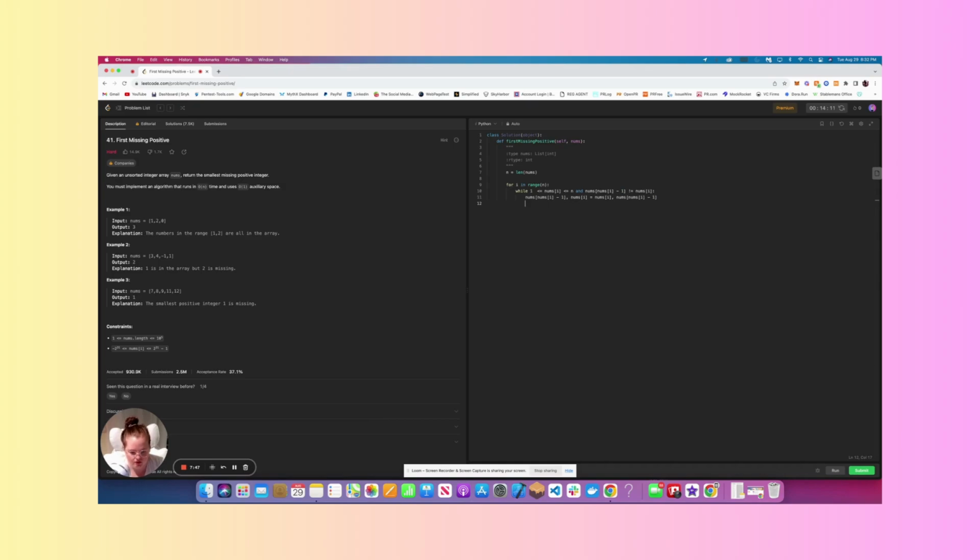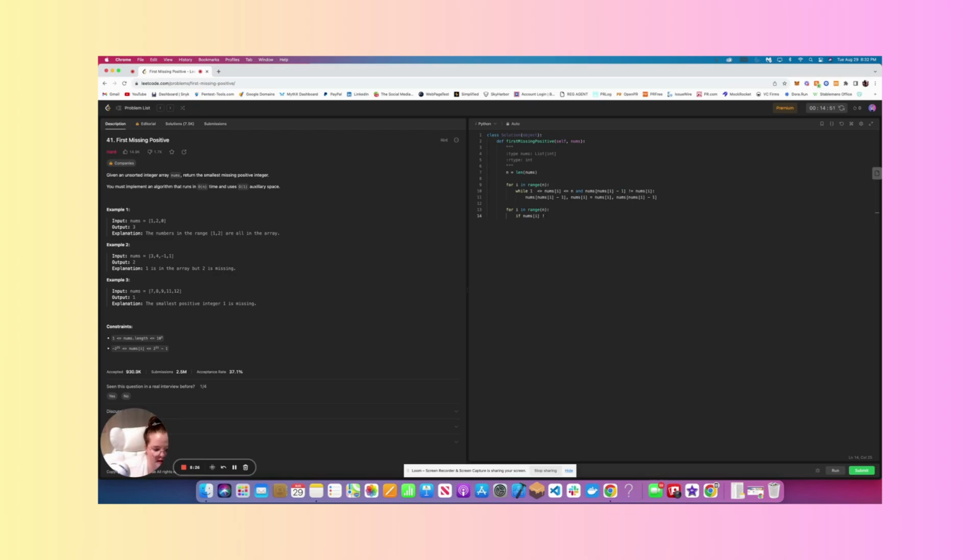Because what I'm about to do next is another loop, a for i in range. This is what I was talking about with the second step: we're going to find that first index i where nums[i] is not i plus 1.